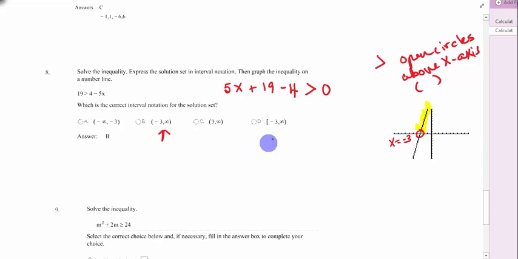Well, there's this one and there's that one. What's the difference? The difference is this guy has a bracket, this one has a parentheses. We said because it didn't have an equals under it, we knew we were going to have parentheses. So if you choose the wrong one, it is just wrong because that isn't the right answer. So it would be B.